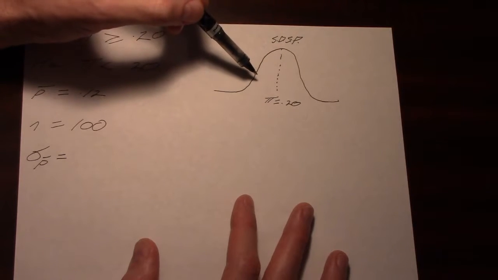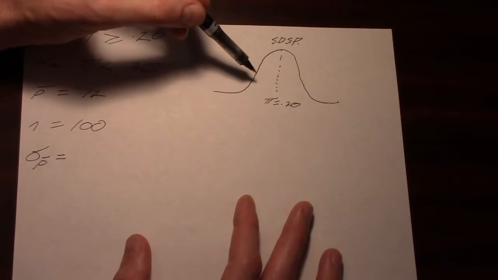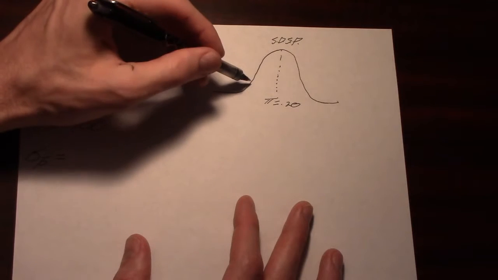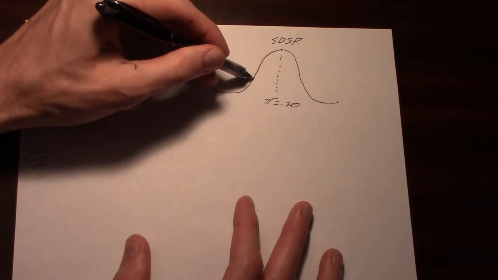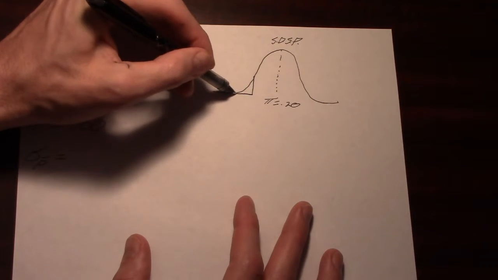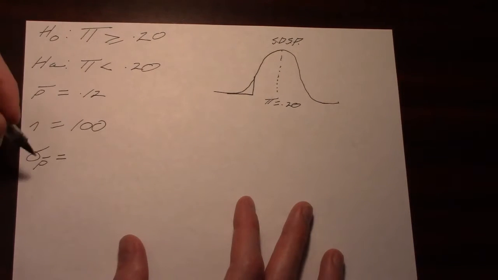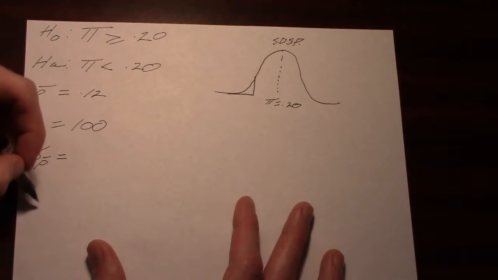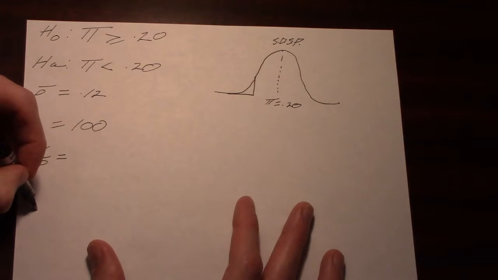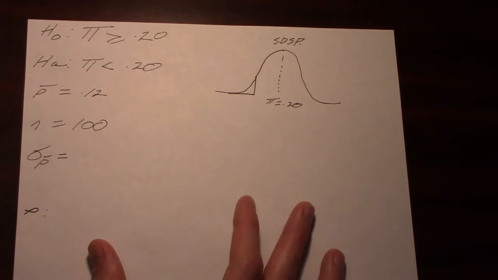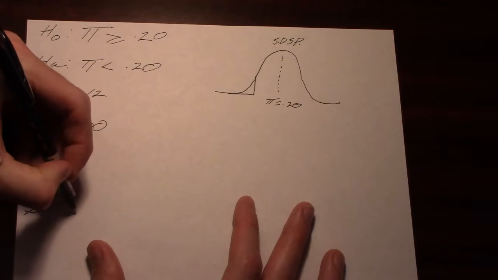Where we're going to be concerned is if we find a sample proportion less than 20%, and in fact significantly less than 20%. And I guess I forgot to put the significance level here, so I'll put it now. Significance level, I believe, is 0.05. Yes, 0.05.